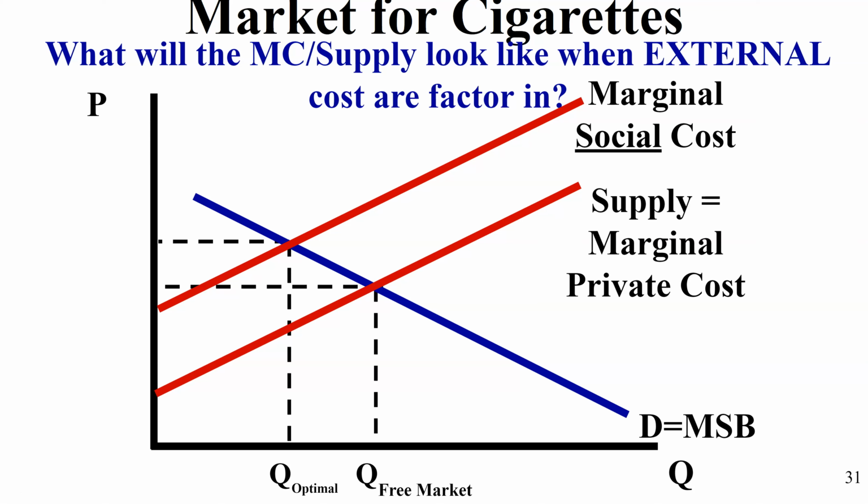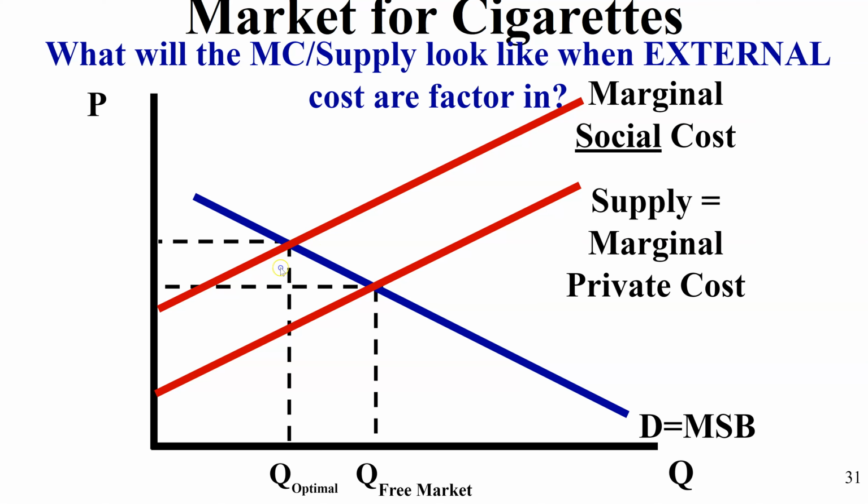Now, you have a couple of factors here to discourage overproduction and encourage less production, and that's usually a tax. We talked about this in a previous chapter when we looked at excise taxes. The tax is added to bridge the gap between the marginal private cost and the marginal social cost, and that's what we see here.